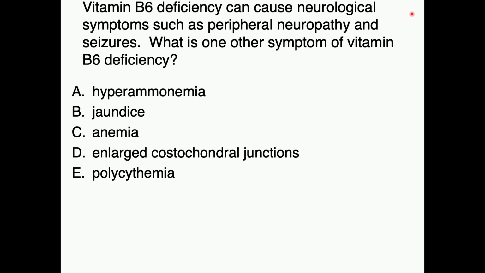Okay, so for pyridoxal phosphate or vitamin B6 deficiency, the main symptoms are neurological, like peripheral neuropathy and seizures and et cetera. But what's another symptom of vitamin B6 deficiency? You could just look at the academic calendar and see what we're talking about in the next few weeks and probably guess.